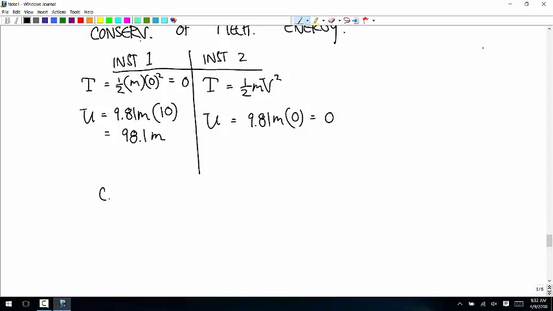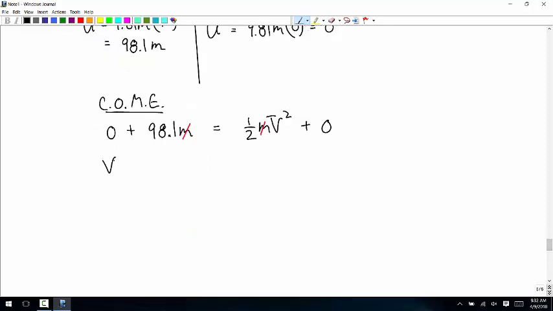So conservation of mechanical energy: 0 plus 98.1 m is equal to 1/2 m v squared plus 0. Cancel the m's.